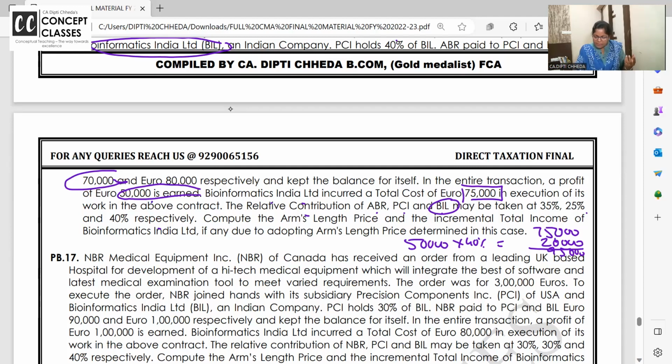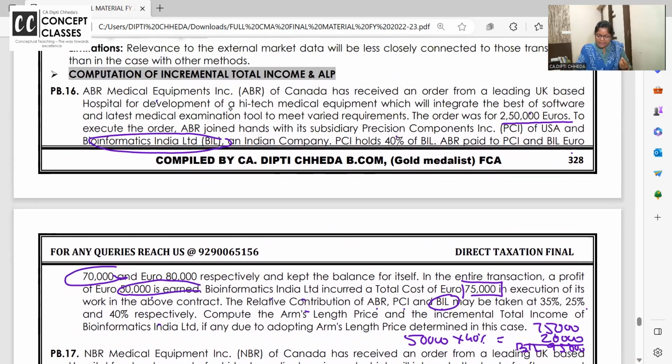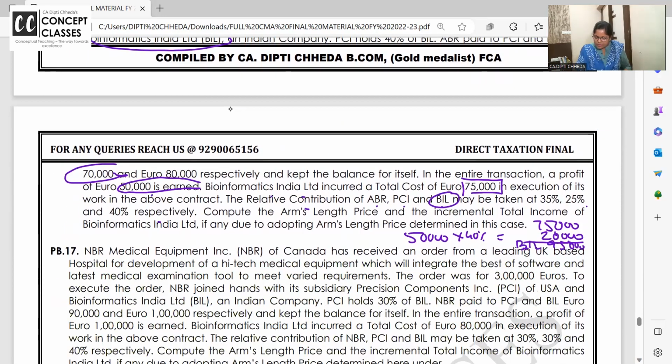BIL's share is 40%, 20,000. 95,000 is the share of BIL. Okay, but what have we charged to BIL? How much? It's given. ABR actually paid 70,000. Is it less by 25,000?